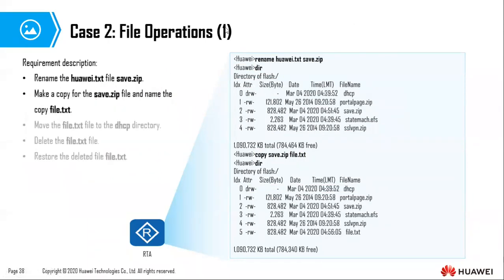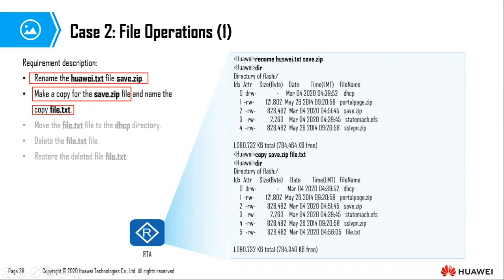So now we want to rename this file called huawei.txt to save.zip. Then we also want to copy this particular file, and as we copy it, we name it file.txt. So let's do it.